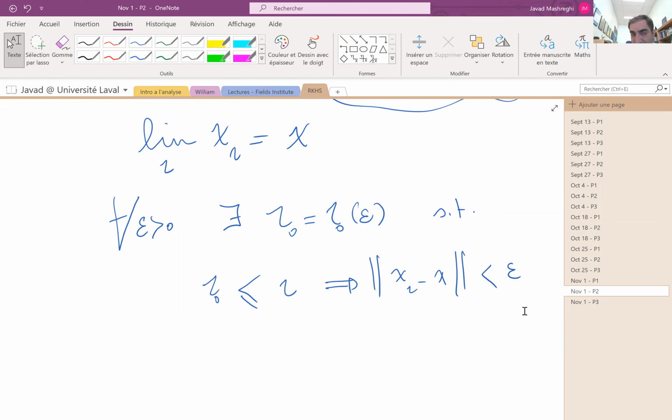It needs a bit of practice. It's not the same as sequences. There are major differences between them. And if you're not familiar with this, many mistakes can easily be made.